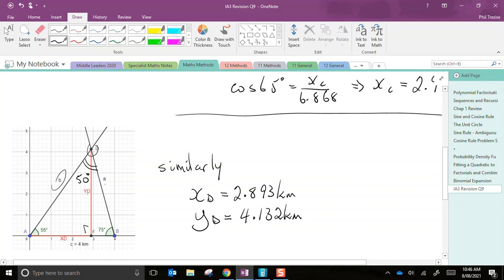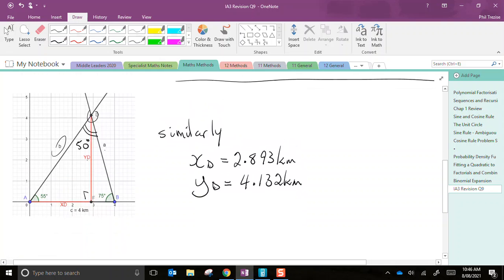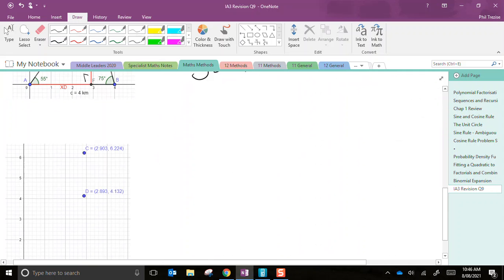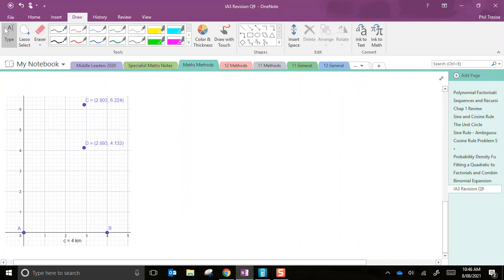But importantly, I now have on my Cartesian coordinates the location of point C and point D. And the question wants us to find the distance between point C and point D. So here I go. There is a neater version of the diagram. I still have point A, I still have point B, 4 kilometres apart. But really, these two don't come into it anymore.